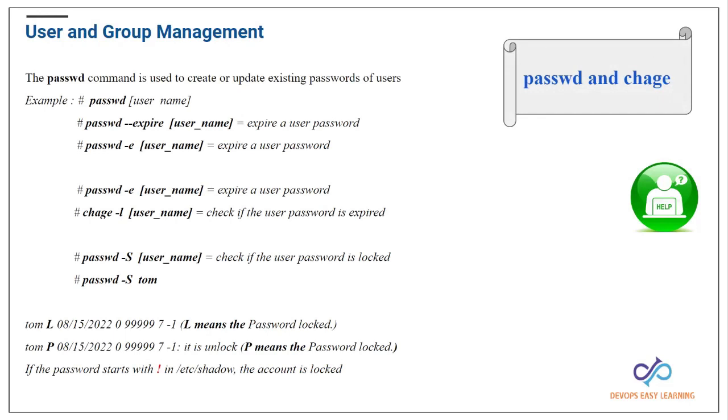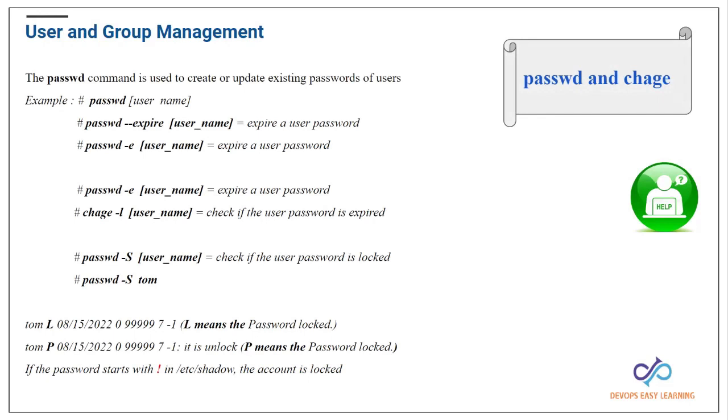When we create a new user and say passwd and the username, we can assign a password to the new account that we created. Or if we say passwd -e, in this case we want to expire a user account. What does that mean?